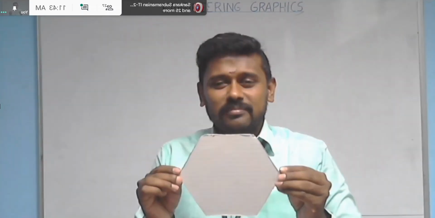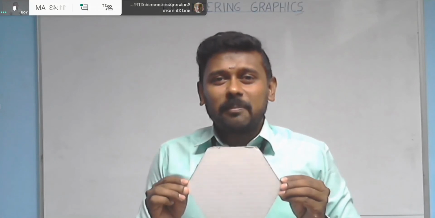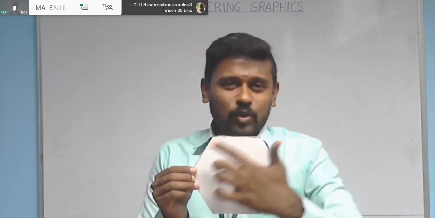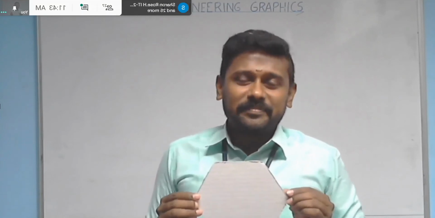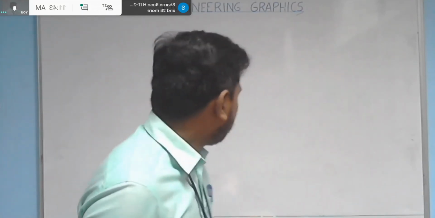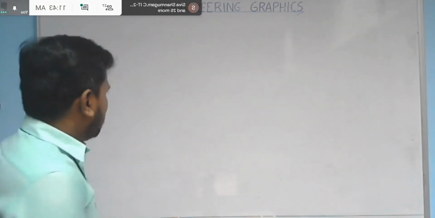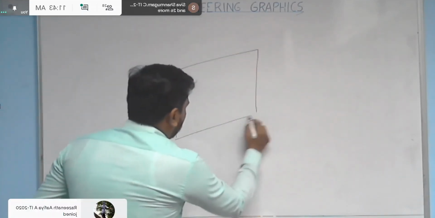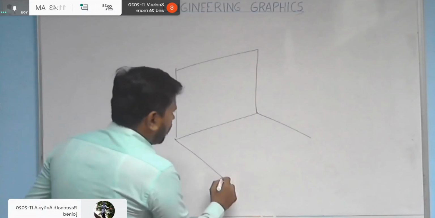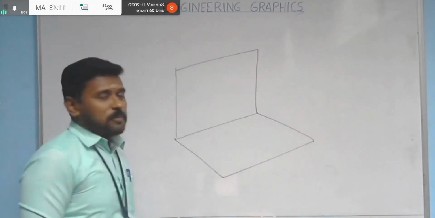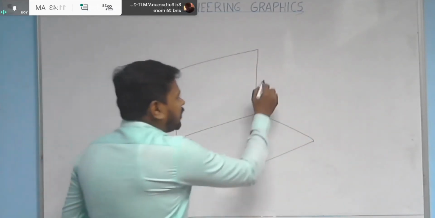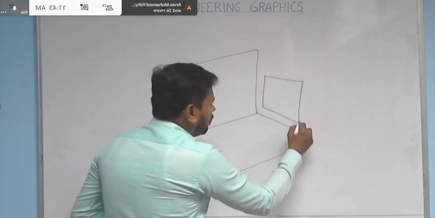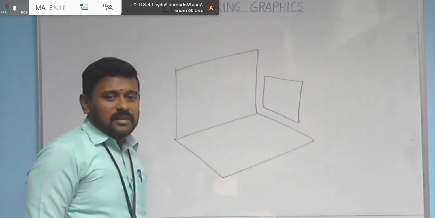Now if I make the plane parallel to the vertical plane and perpendicular to the horizontal plane, you can see its original shape. It is a hexagon. And if any plane is perpendicular to both the horizontal and vertical planes, it should be like that.